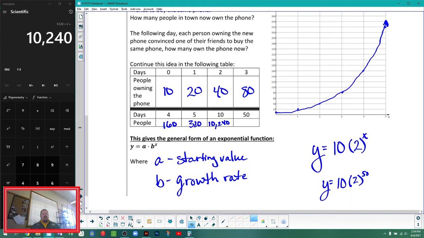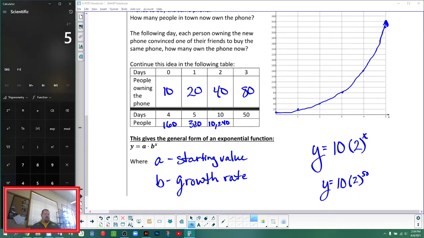Okay, but I would need 2 to the 50th. 2 to the 50th. That's a big number. Now I want to take that and multiply it by 10. Guess what? Even bigger number. Million, billion, trillion, quadrillion.